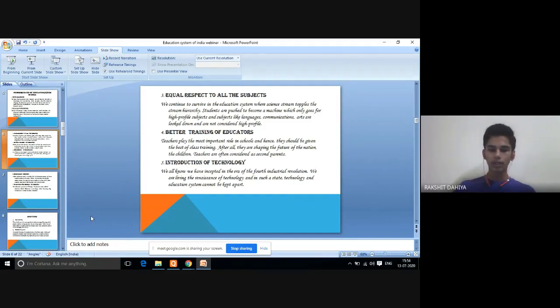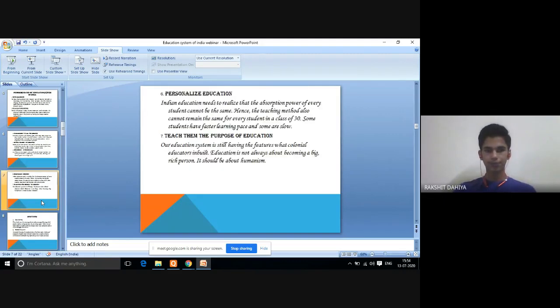And if you move to the next point, it says personalized education. What does this mean? Indian education needs to realize the absorption power of each and every student can't be the same, which means that each and every student can't learn at the same pace. We all know there are some children in our classes, and I have some of my teachers with me.